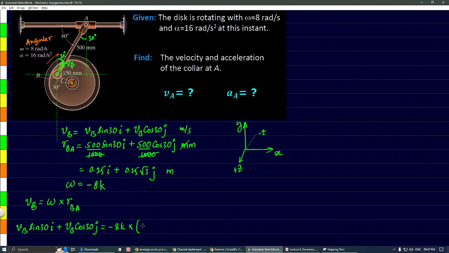We found BA simplified earlier, 0.25 i plus 0.25 root 3 j. So once again, multiply these two and then compare.